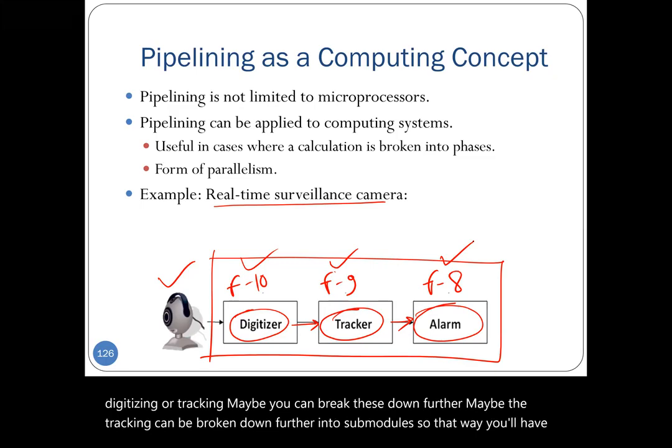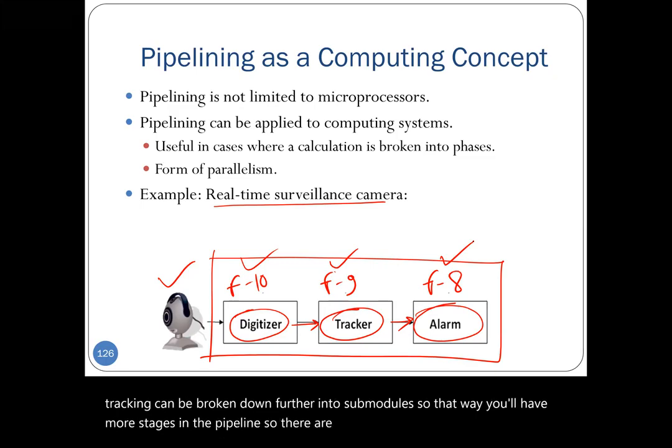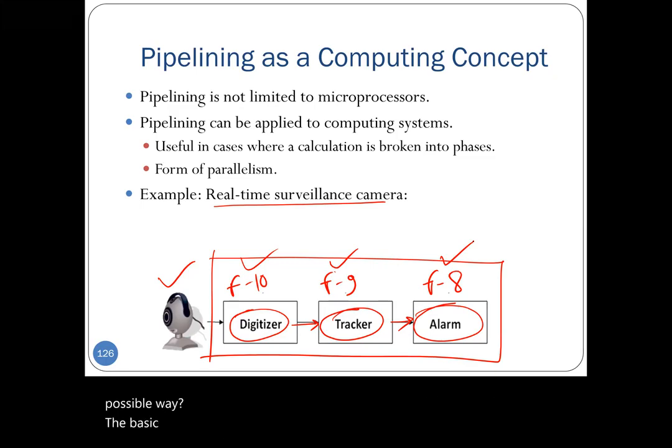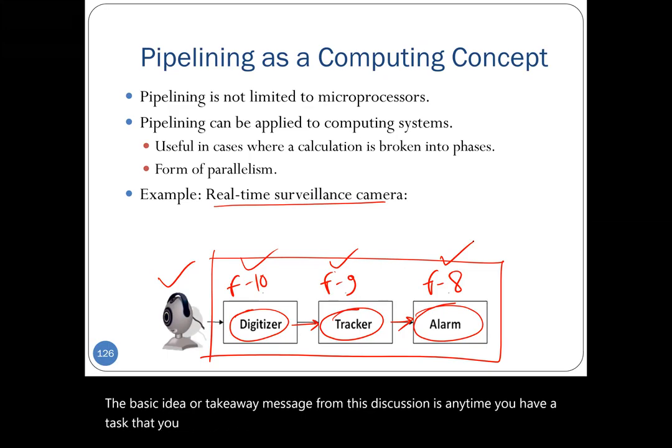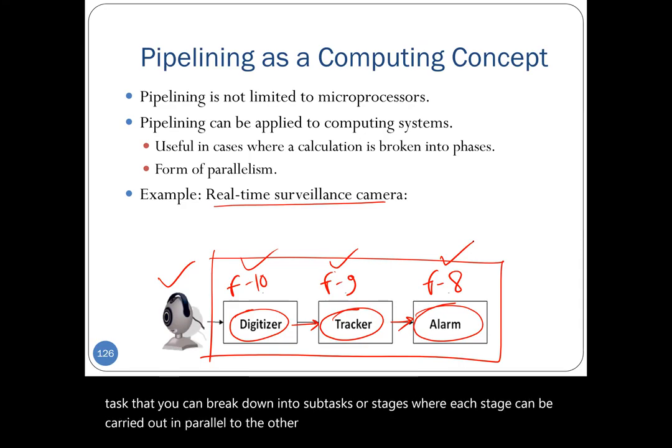There are multiple ways of doing this. The basic takeaway message is, anytime you have a task that you can break down into subtasks or stages, where each stage can be carried out in parallel to the other stages, you can implement it as a pipelined implementation.